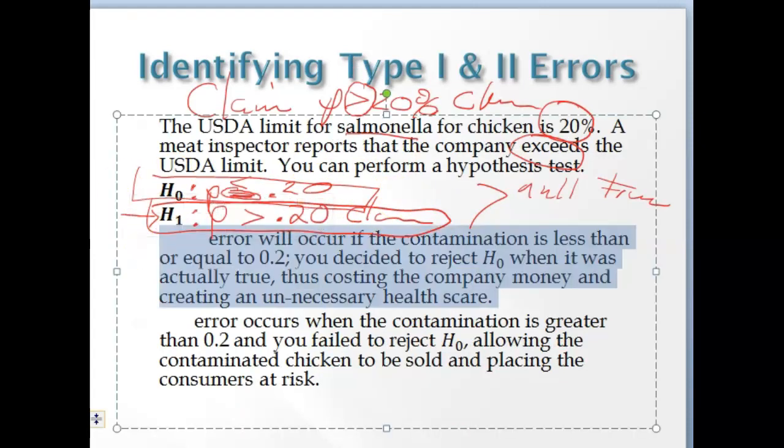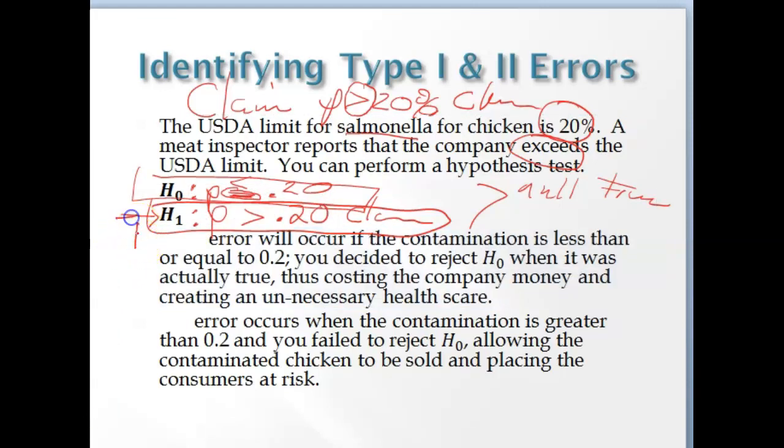Now, why is this even important? Well, if the USDA inspector rejects the null hypothesis when it's actually true, in other words, the percentage of salmonella is less than 0.20, then that's going to cost the company money and create an unnecessary health scare, because they're going to have to recall the product.